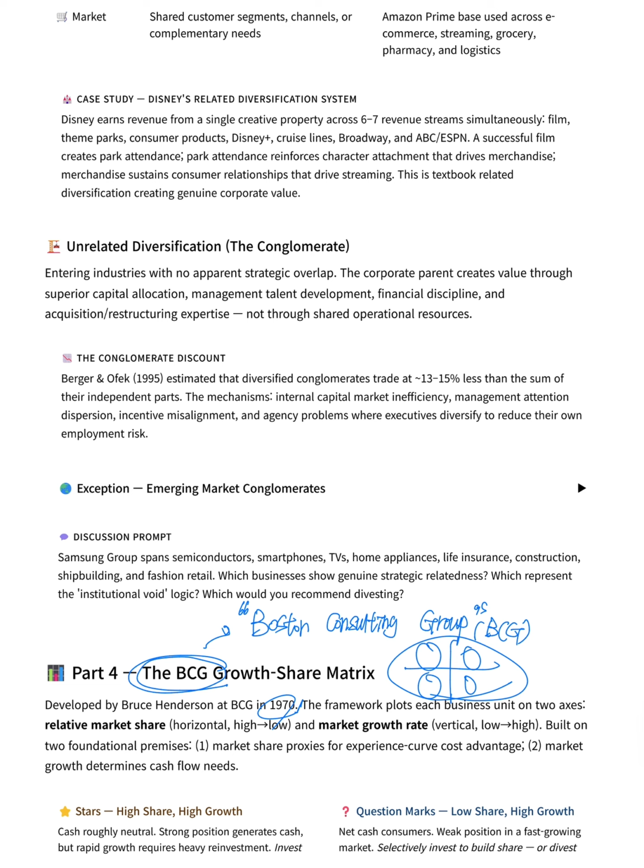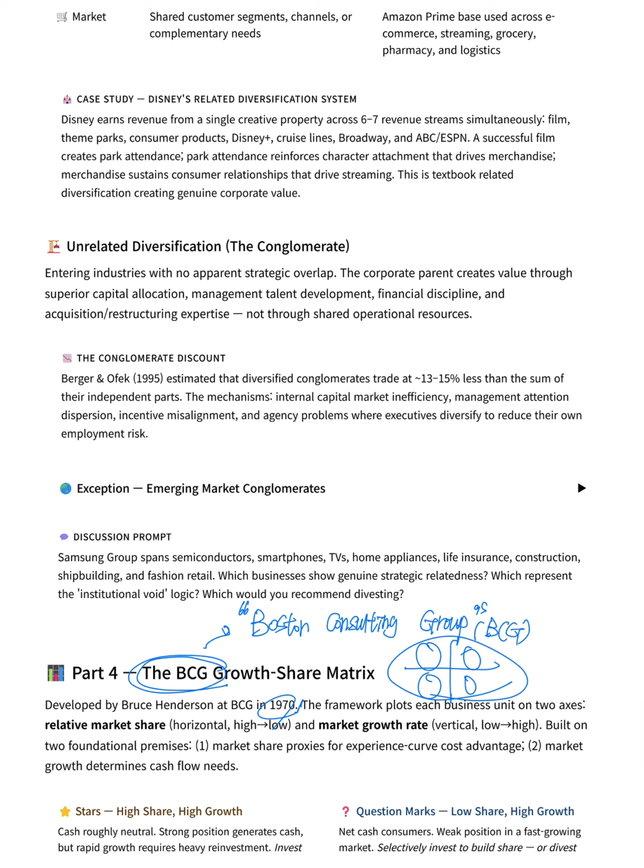The BCG matrix is built on two foundational theoretical premises that deserve careful examination before we accept them at face value. The first: a business unit's competitive position is best measured by its relative market share, its share divided by the largest competitor's share. This premise draws on the experience curve logic we discussed last week.